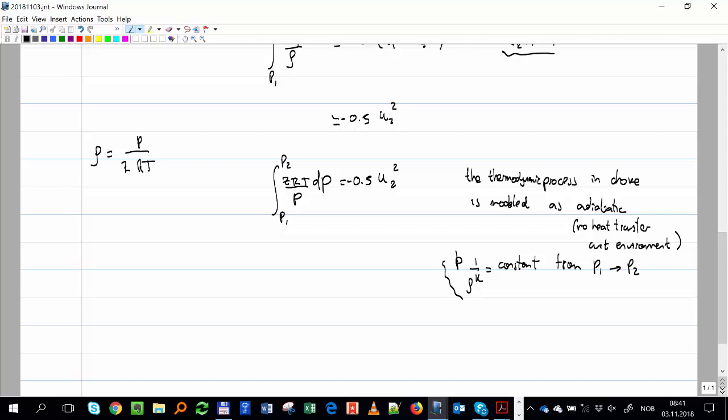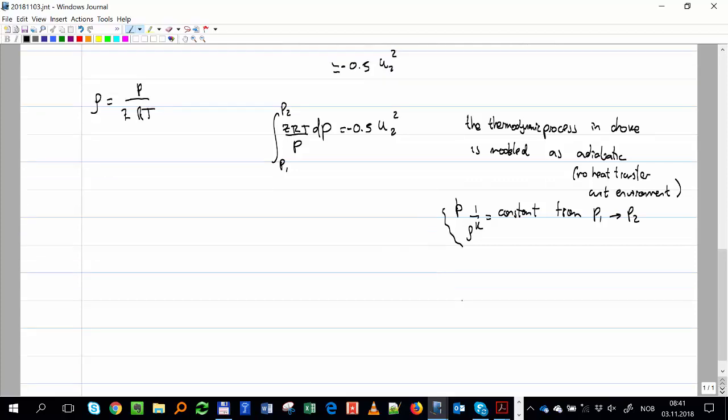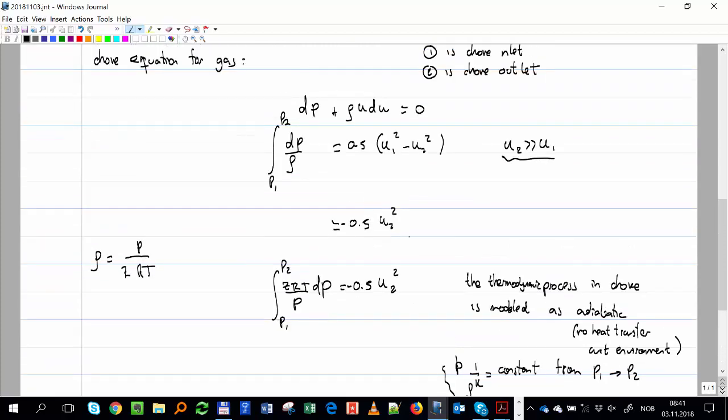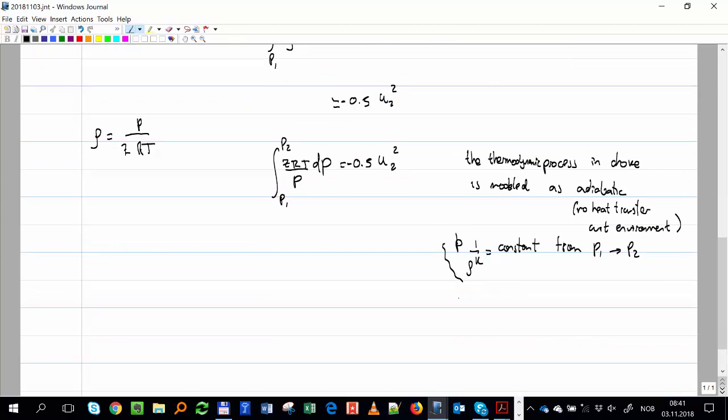So that means that density, which is what I had in this equation, is P to the 1 over K divided by C to the 1 over K. Yes, C is this constant.